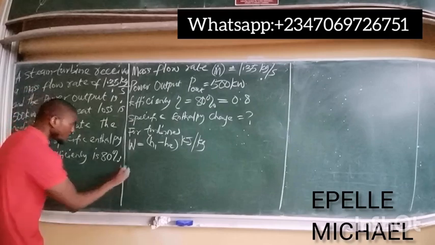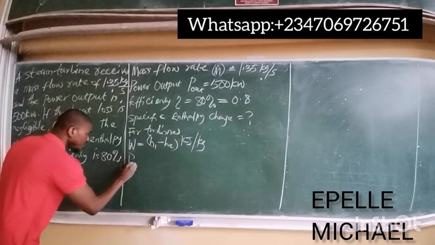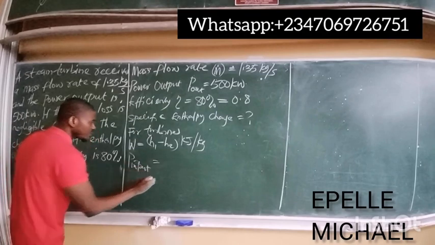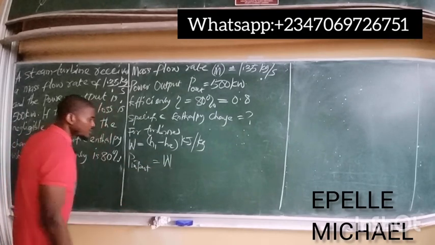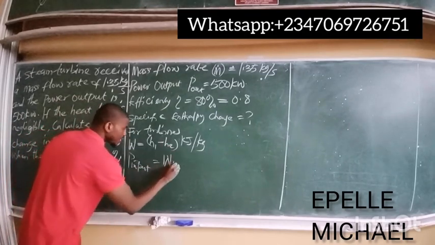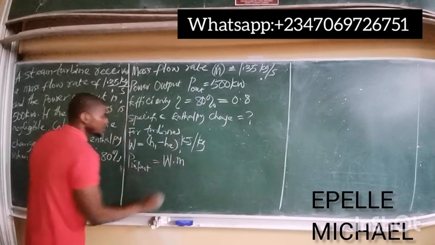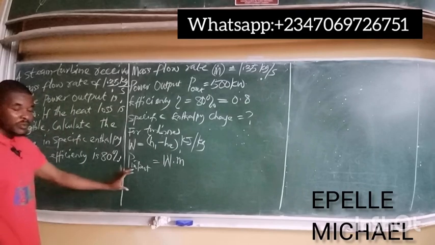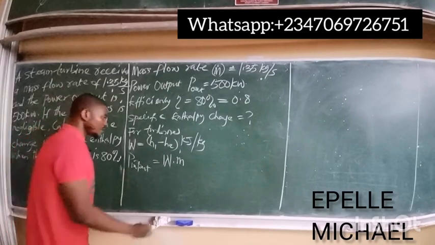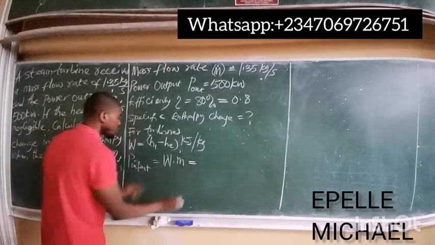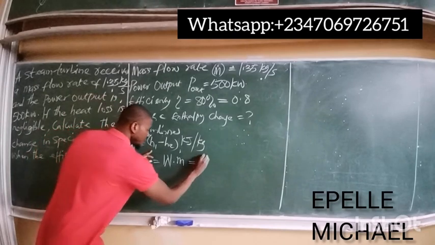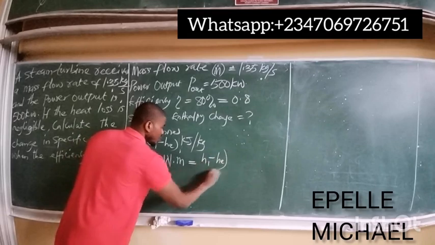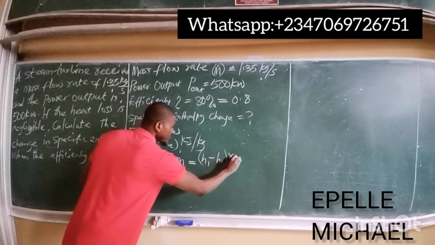To do that is simple. It becomes power input, simply by multiplying the turbine work by the mass flow rate. If you multiply the turbine work by the mass flow rate, we are going to obtain the power input into the system, and this is equal to the work done by the turbine, which is the change in specific enthalpy, h1 minus h2, multiplied by the mass flow rate.